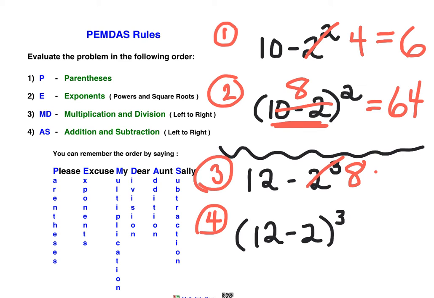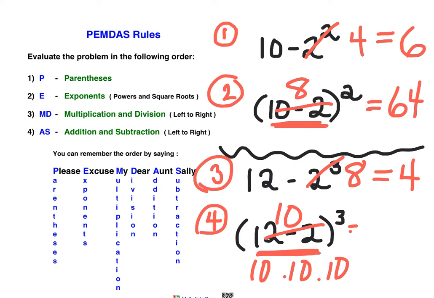And 12 minus 8 equals 4. In problem number 4, however, inside the parentheses we have the 12 minus 2, which gives us 10. And now we're going to raise 10 to the third power, which is 10 times 10 times 10, and that's going to equal 1,000. Huge difference there between those two answers, 4 and 1,000.